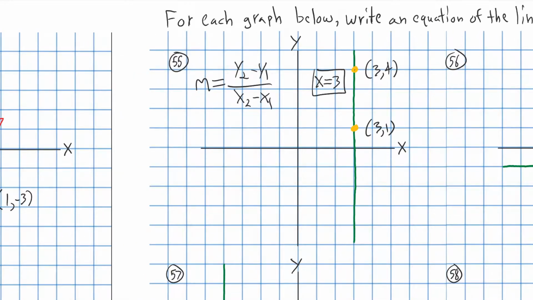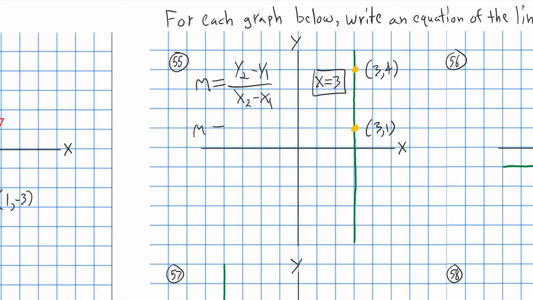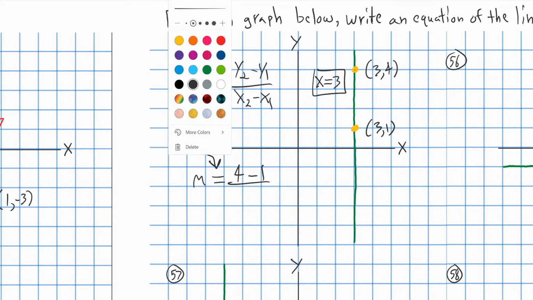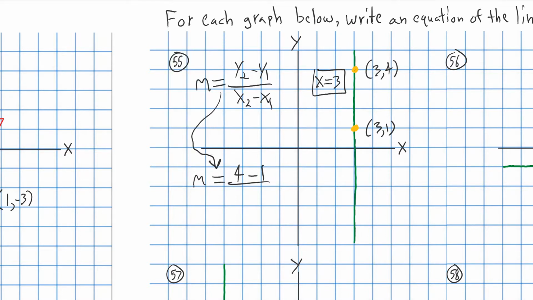All right, let's plug it into the slope equation. So we get 4 minus 1 over 3 minus 3. 4 minus 1 is 3, and then we get 0 in the denominator.